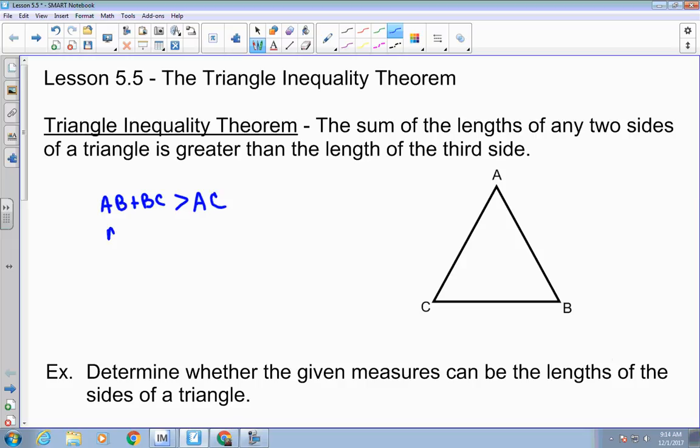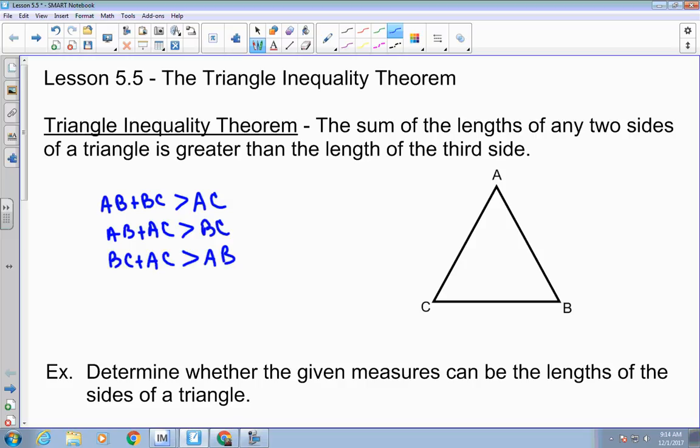And if I add AB plus AC, that has to be greater than BC. And if I add BC plus AC, that has to be greater than AB. So I should be able to add any 2 sides, and it should be greater than the third side.